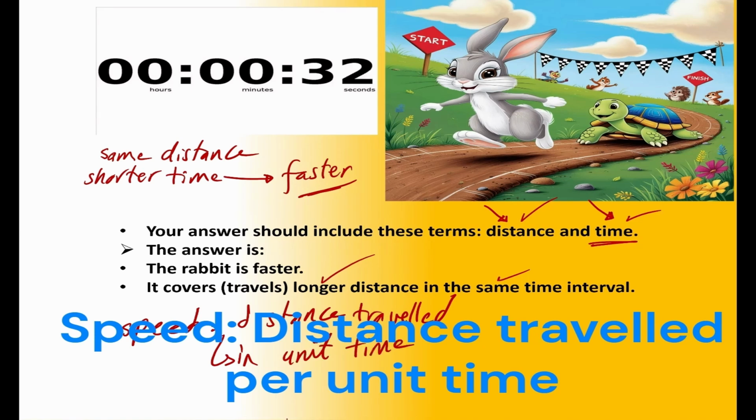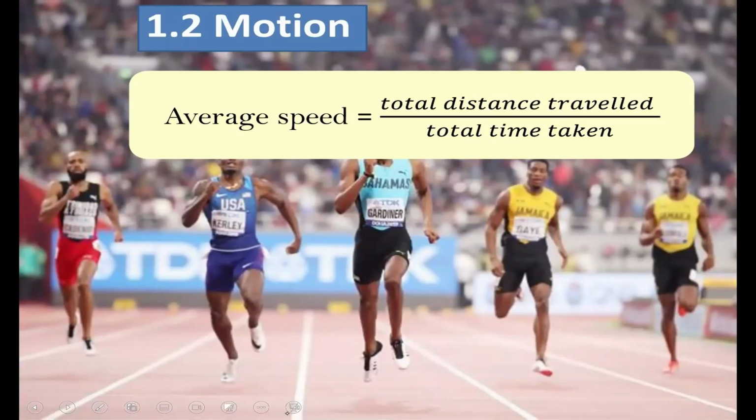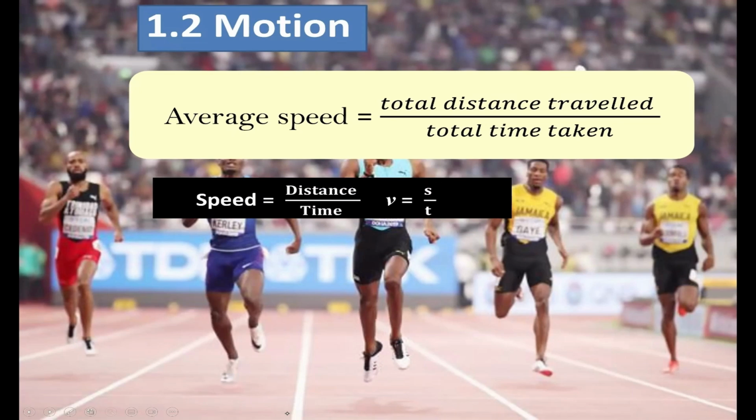Okay, so to calculate the average speed, we divide the total distance traveled by the time taken to travel this distance. Again, the speed is distance divided by time.